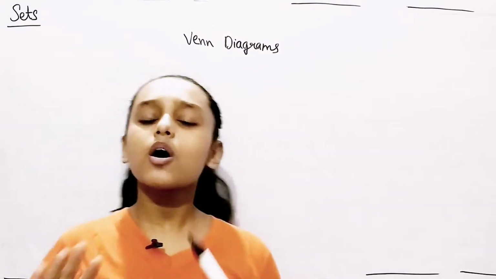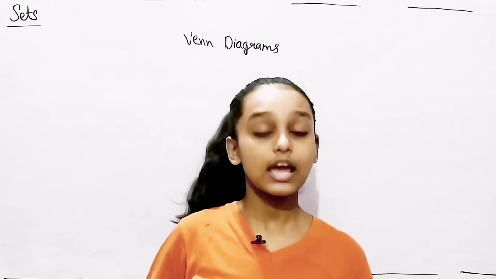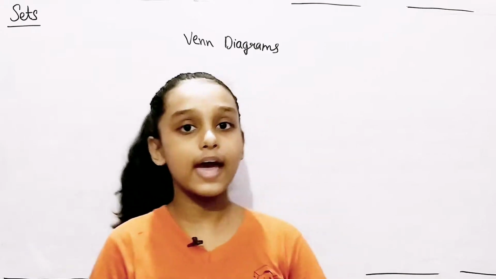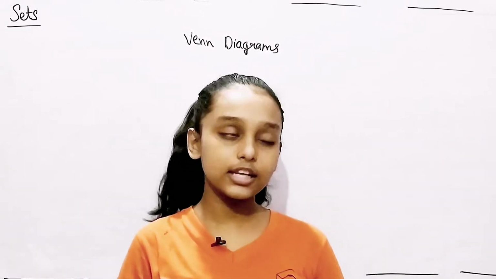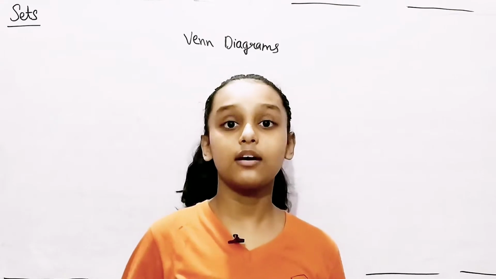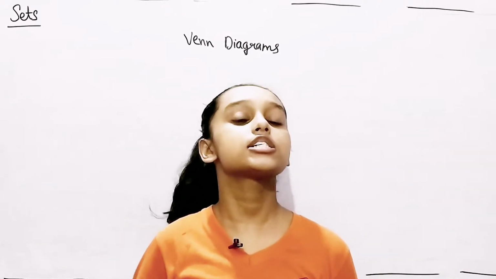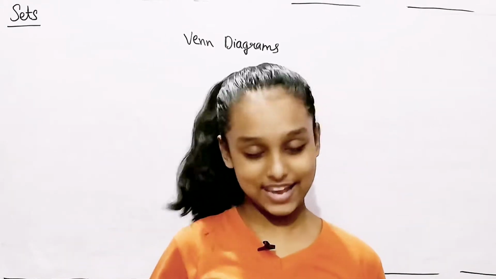Most of the relationships between sets can be represented by means of diagrams, which are known as Venn diagrams. Is it clear? One interesting thing is that Venn diagrams are named after the English logician John Venn.